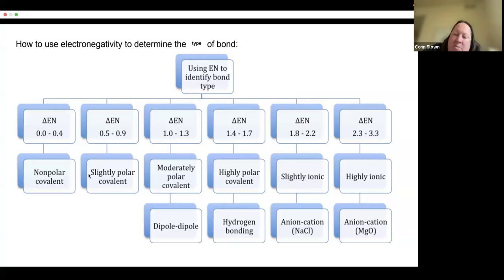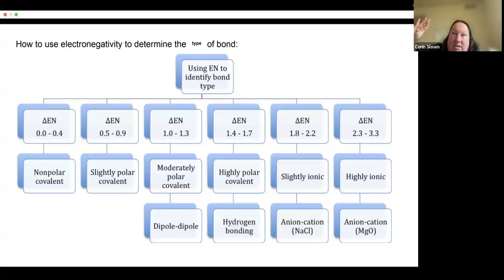Now, the reason why it's important to talk about this is because there are two kinds of intermolecular forces that really strongly come into play based on differences in electronegativity. The first one is dipole-dipole, and the second one is hydrogen bonding. When we talk about ionic interactions, that's a little bit clearer because the interaction of a cation and an anion is very clear and distinct.